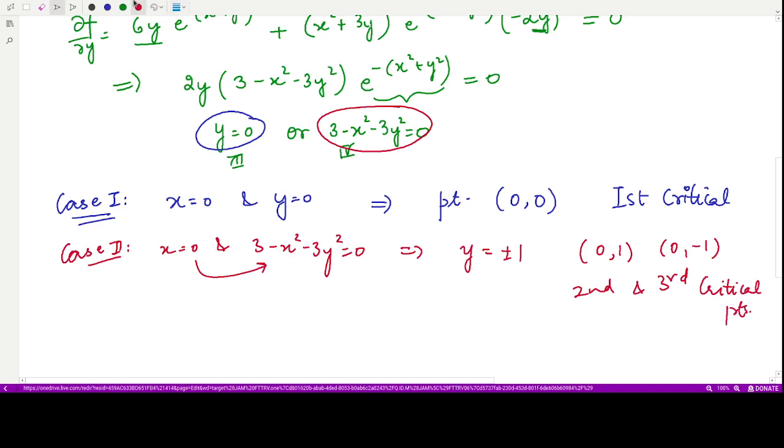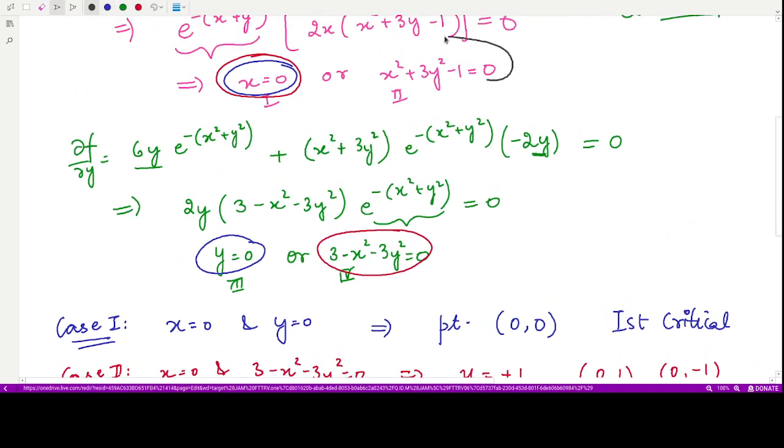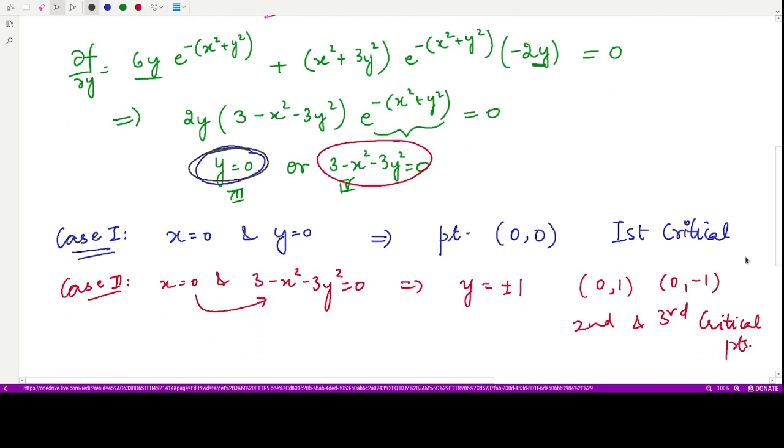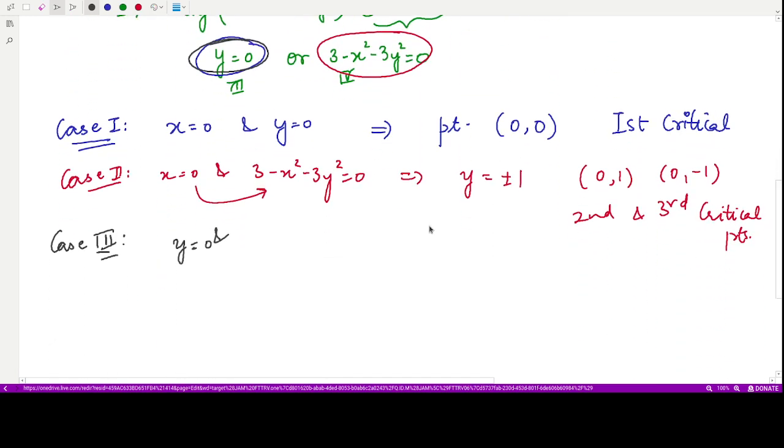Next, what other possibilities do you have? You can also take the second term of x and the first term for y. So in the third case, case number 3, you have the possibility of y is 0 and x square plus 3y square minus 1 is equal to 0.